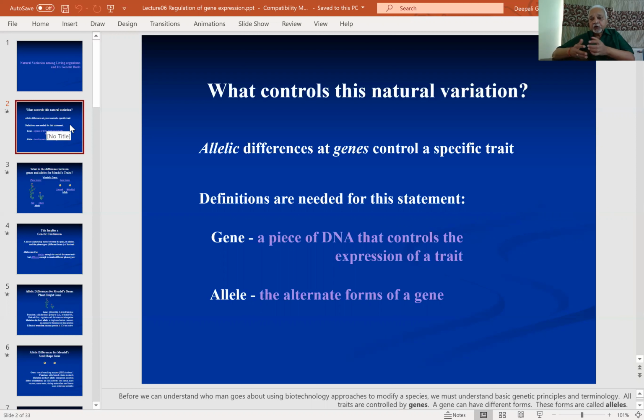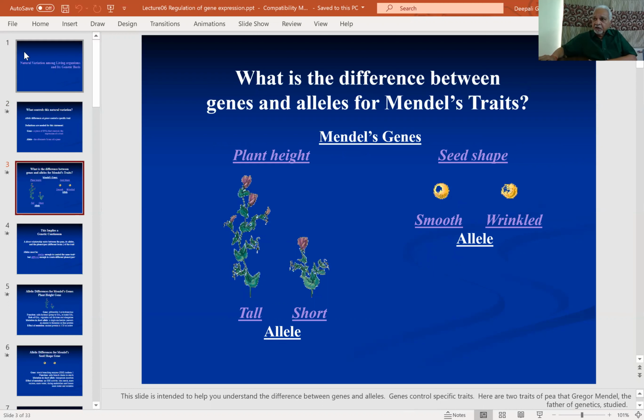So then, to understand it more clearly, what is the difference between genes and alleles for Mendel's traits? There is a classical picture of what Mendel took as traits, like plant height and the seed coat shape or seed shape.